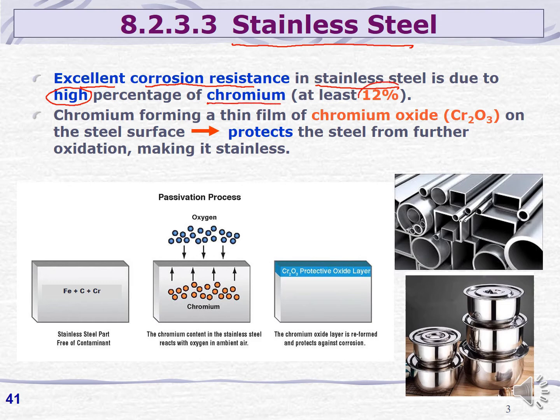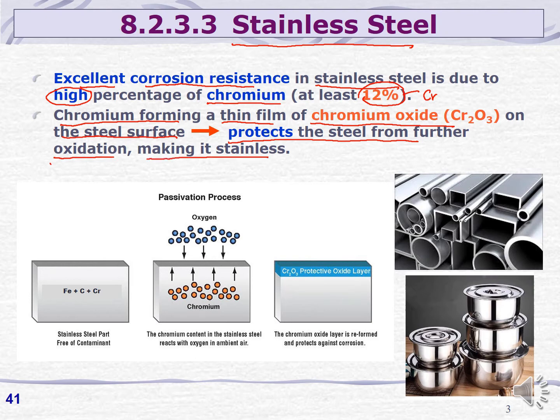At least 12% of chromium has been added in order to develop the stainless steel. Chromium forms a thin film of chromium oxide, Cr2O3, on the steel surface. And this chromium oxide layer actually protects the steel from further oxidation, making it stainless.